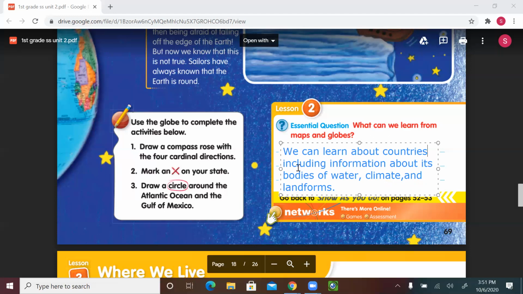So including information about its bodies of water, such as peninsulas, rivers, gulfs, oceans, and climate, and also landforms like mountains, deserts, forests, plains. All right, so you can answer this question on page 69, or you can go up to the beginning of the lesson, page 64, and put your answer. All right.